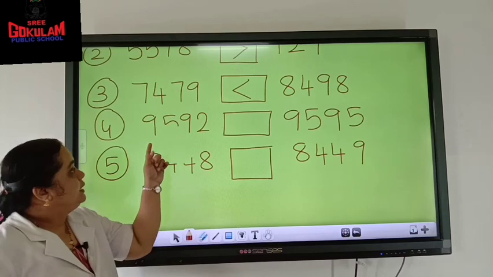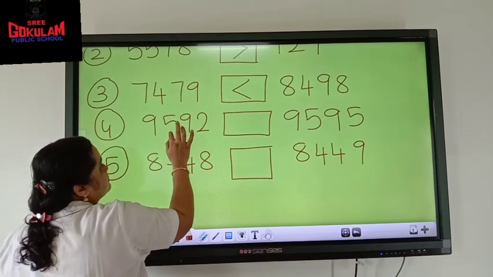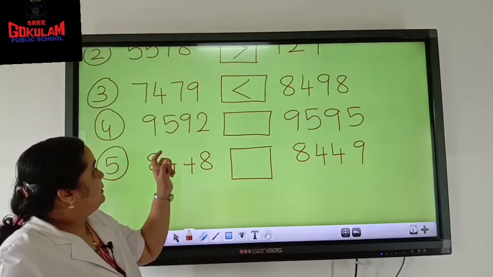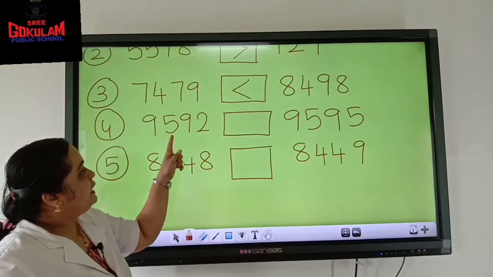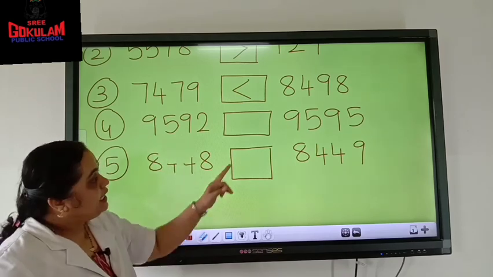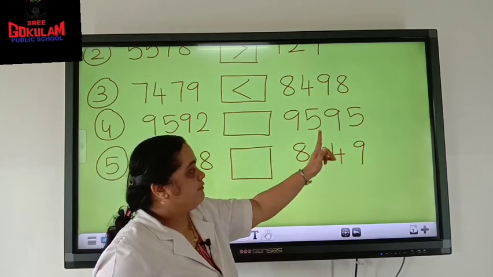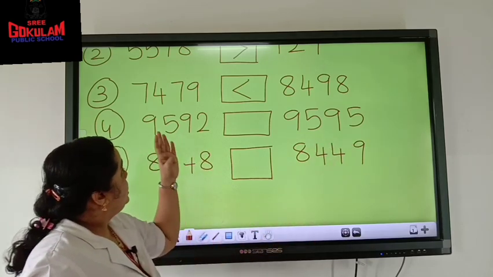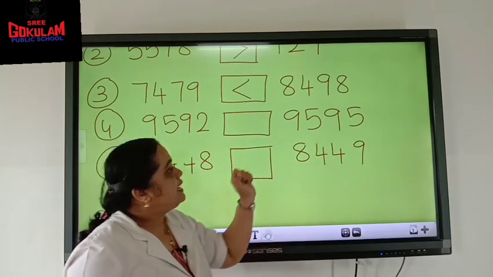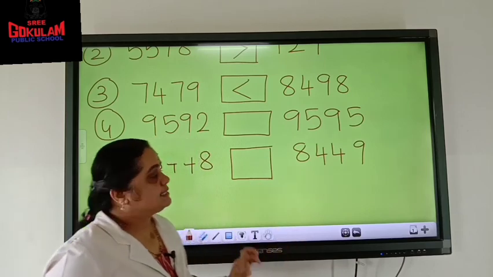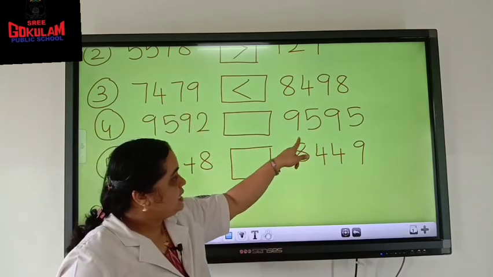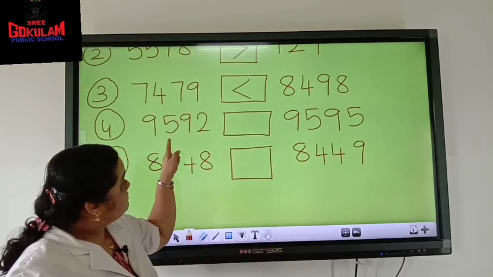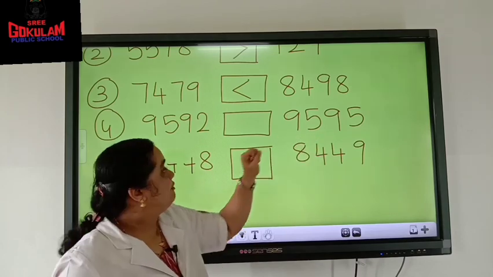Okay, now here fourth example, 9592. Okay, and here you have 9595. Here also you have 4 digits and here also you have 4 digits. Thousands place you have 9 here, here also you have 9. Hundreds place you have 5 here, here also you have 5.